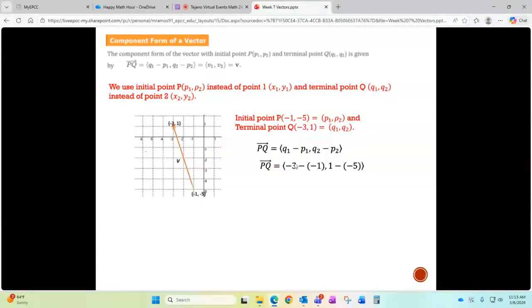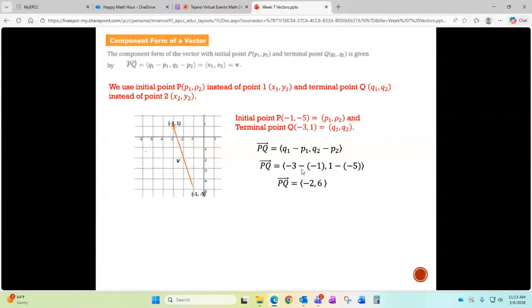So Q1, -3 minus P1, -1, and Q2 minus P2, 1 minus -5. Change the signs here. I'm going to end up with -3 plus 1, which is -2, and 1 plus 5, which is 6.